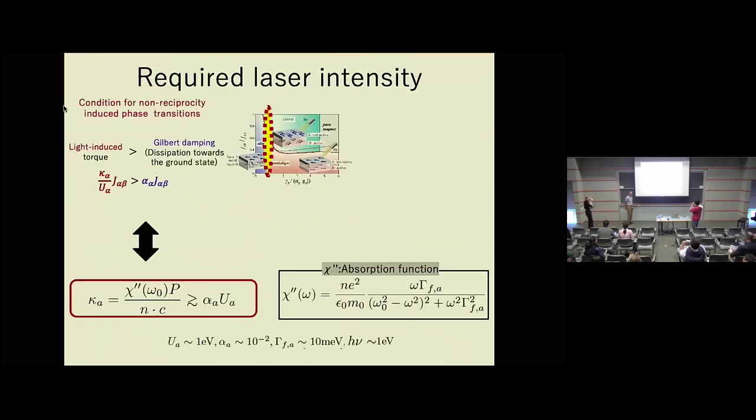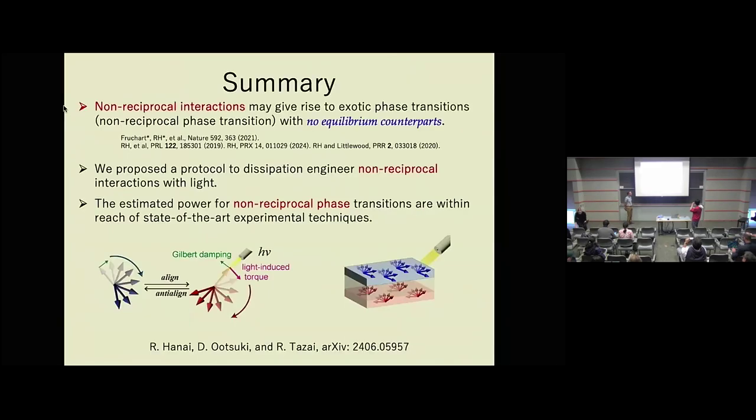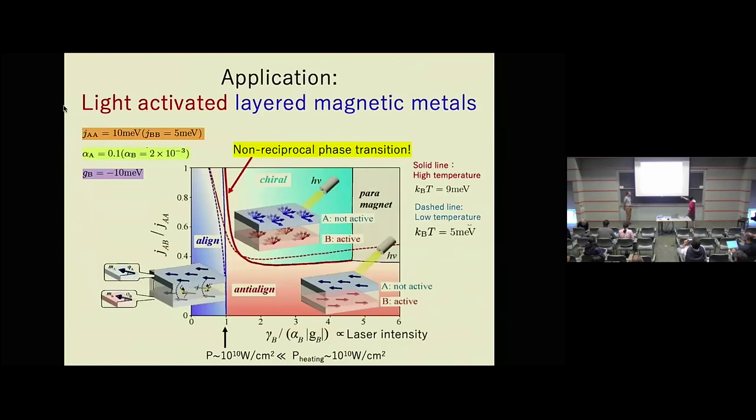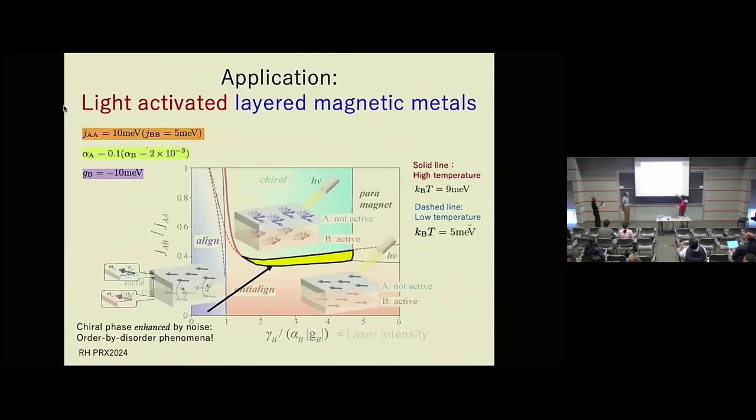So, on this phase diagram, the solid lines are at kBT equals 9 milli-electron volts, and the dashed line is at a slightly lower temperature. As you can see, in some regime you get an enhanced chiral phase, which breaks the Z2 symmetry.